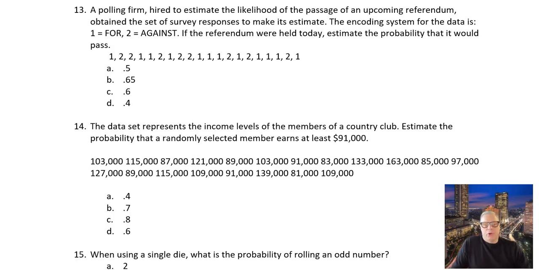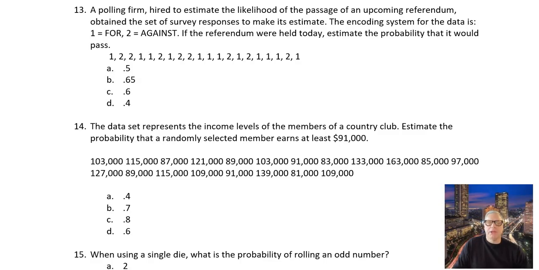A polling firm hired to estimate the likelihood of the passage of an upcoming referendum obtained the set of survey responses to make its estimate. The encoding system for the data is 1, 4, 2 against. If the referendum were held today, estimate the probability that it would pass. Okay, so how many numbers do we have in total? 1, 2, 3, 4, 5, 6, 7, 8, 9, 10, 11, 12, 13, 14, 15, 16, 17, 18.